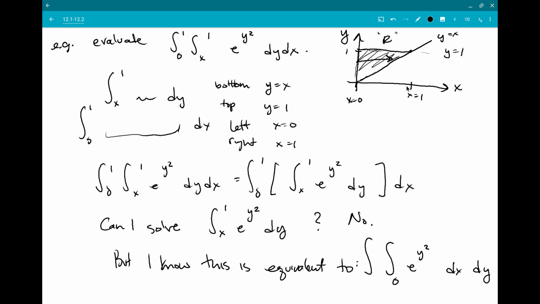And then before, I stopped at x equals 1. But now I'm going to stop at this line instead. I'm going to look at this line left to right. And so I start at x equals 0, and I end at the line x equals y.